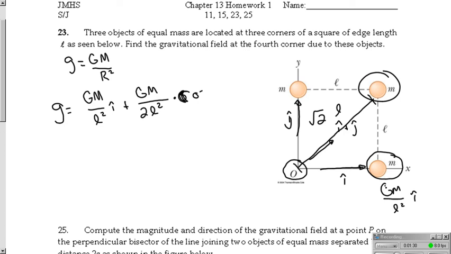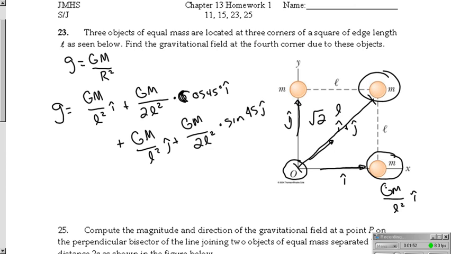Cosine of 45 degrees. And that's in the i hat direction. And then in the j hat direction, we have another GM over L squared j hat. And then we have a similar thing for the j hat direction, but it's sine, so it's going to be GM over 2L squared times the sine of 45 j hat.